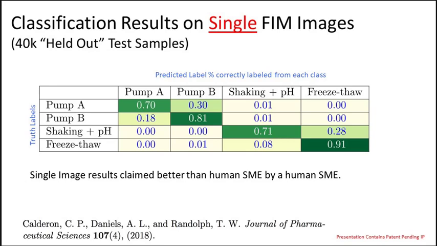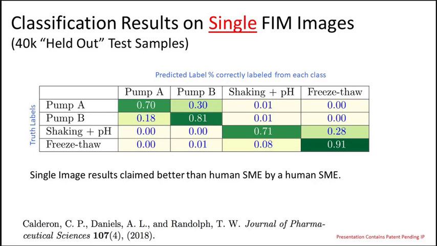What's shown here is we trained a neural network using 50,000 images of each of those types we showed before, the 4 classes: the IVIG pumped with 2 different stress histories, the viral clearance and shaking step, and the freeze-thaw with the monoclonal antibody. We trained a network to do this classification to predict which class it is. We then took 10,000 test images that the neural network had never seen.